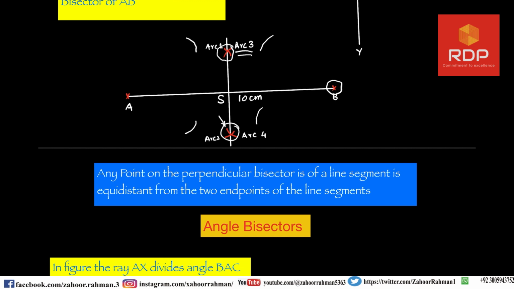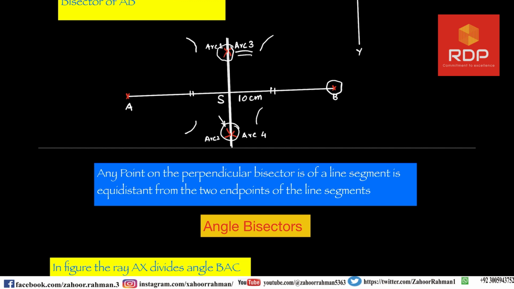Then you have to draw a perpendicular line which is touching those 2 intersection points of the arcs. So in this way you will be able to bisect the line into 2 equal parts. We will do that in a moment.